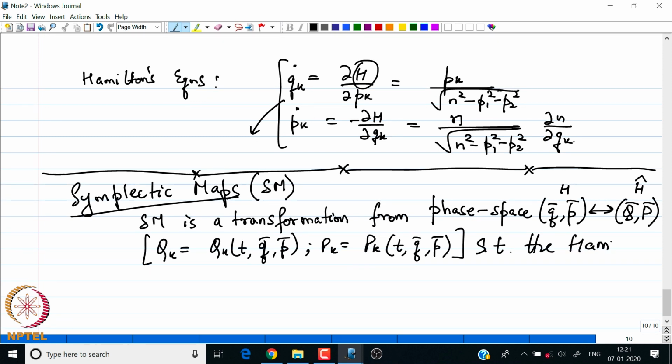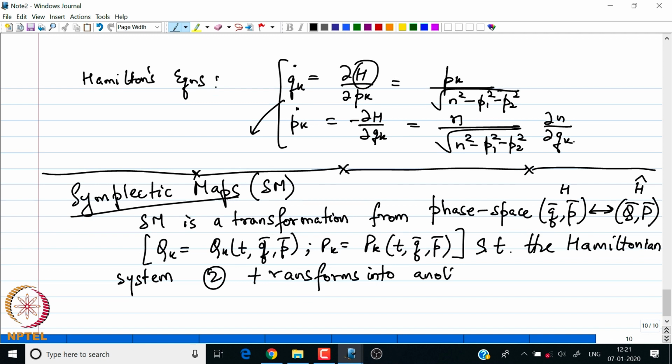So, in this result it says that the Hamiltonian system given by the Hamilton's equation 2 transforms into another Hamiltonian system H hat.